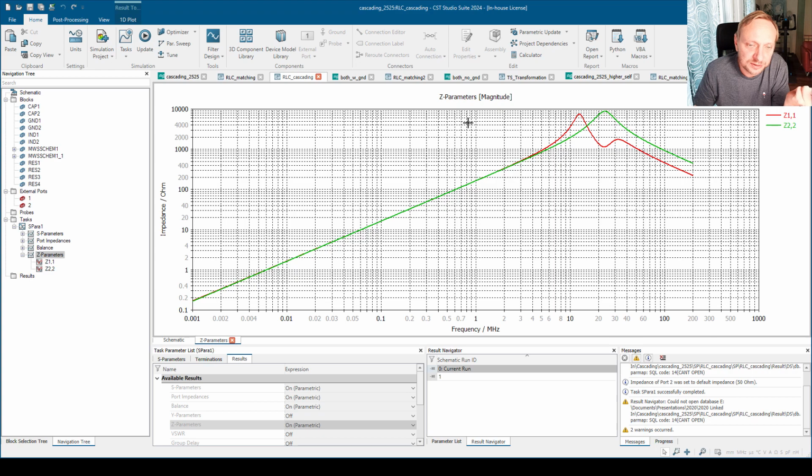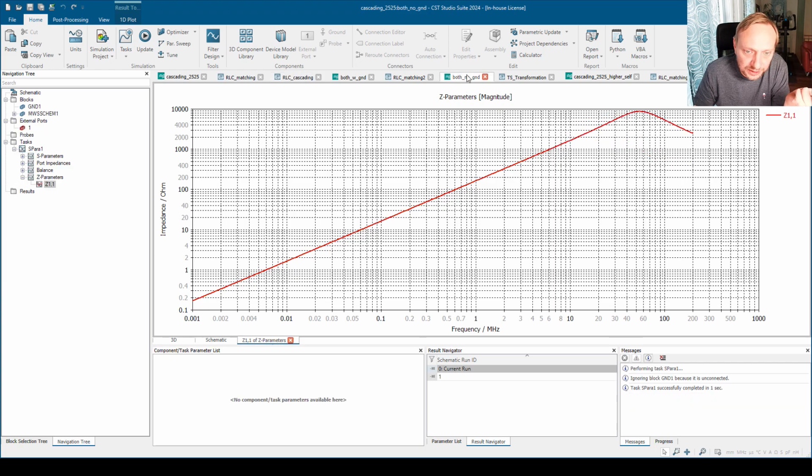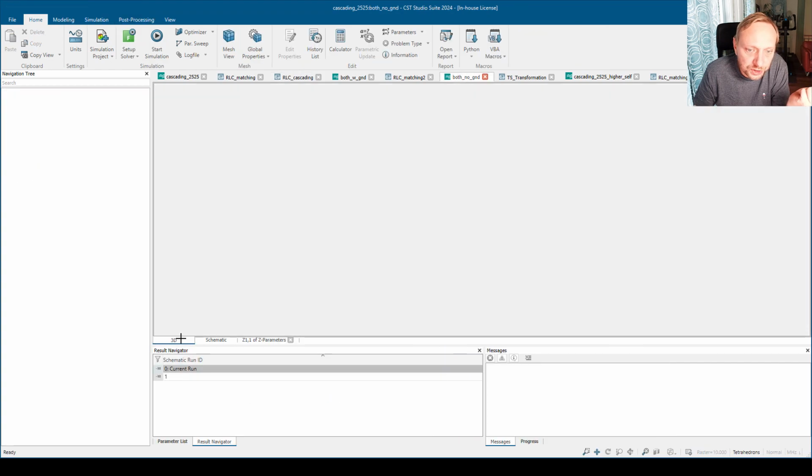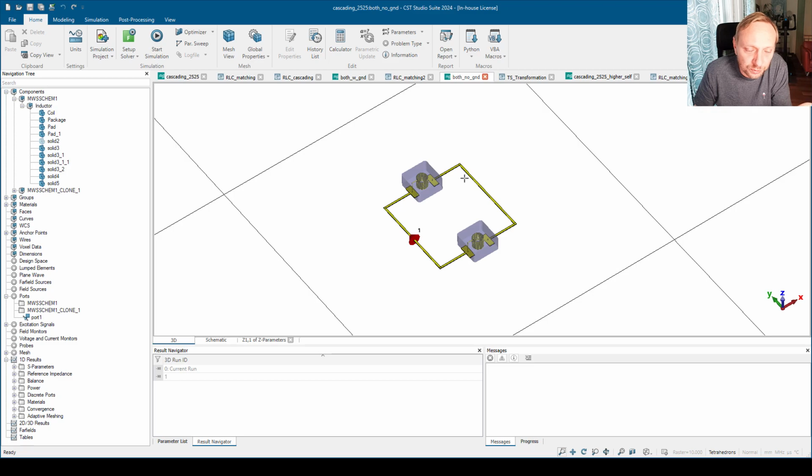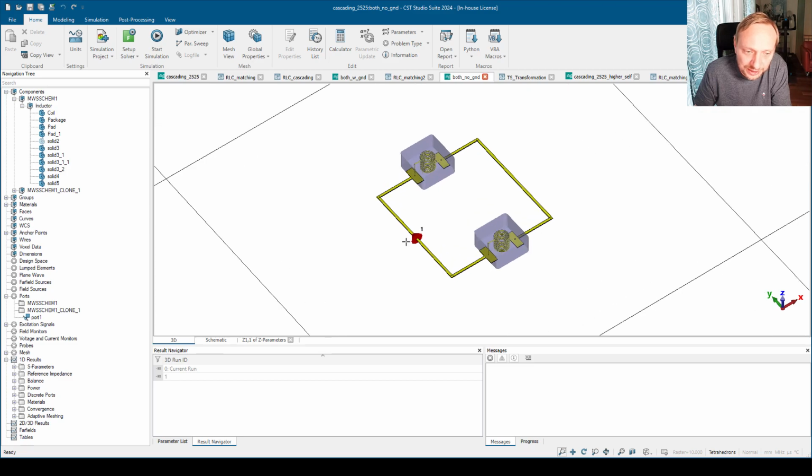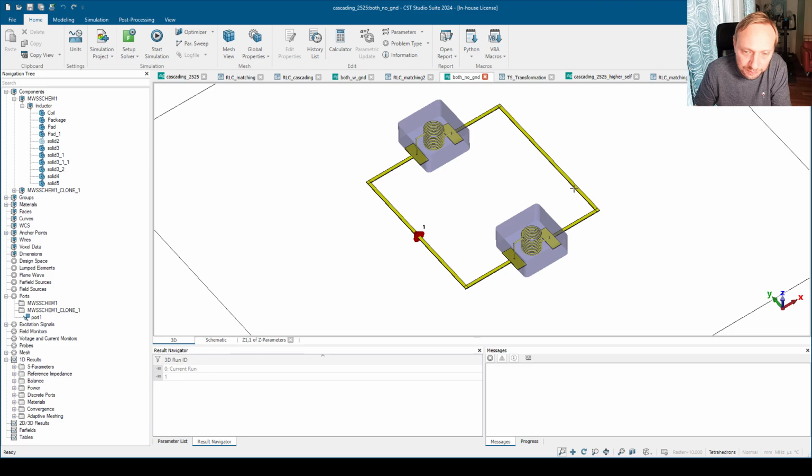However, we can test this by building a 3D model without the ground. I can also do a one-port setup, removing the ground and measuring the Z11 between the two ends of this signal trace. Let's call it signal traces without the ground.